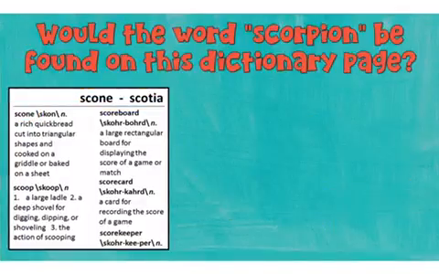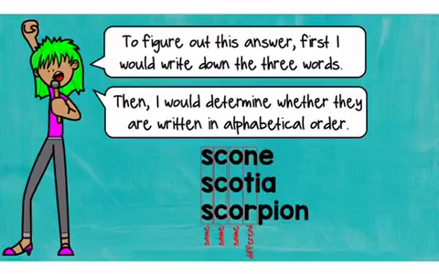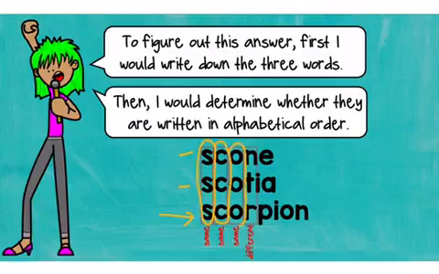So looking at these guide words, we want to know, is this word scorpion going to be found on this dictionary page? To figure this answer out, first what I would do is write down all 3 of the words. The 2 words that were the guide words, the beginning and the last, and then the word we're trying to figure out, scorpion. And then let's see if they're written in alphabetical order. So my S's are the same, my C's are the same, my O's are the same, and here's where my letters are different.